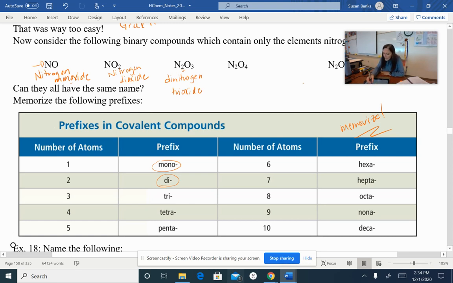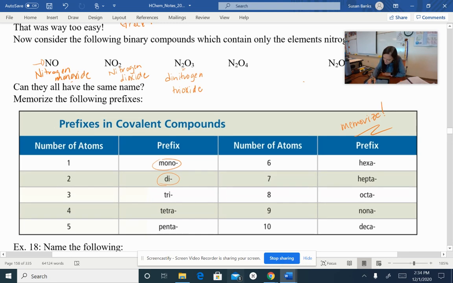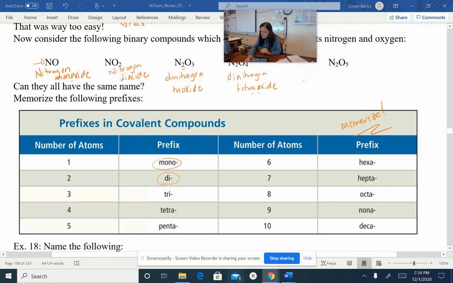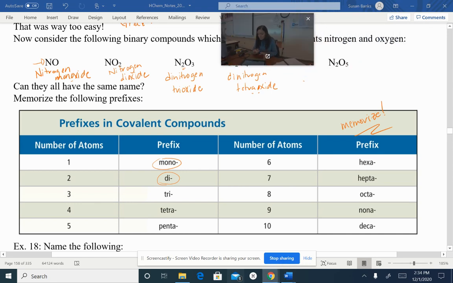Okay, and then this one would be dinitrogen tetraoxide. Now, when we have the A and the O, you can also drop that A. If you want to keep the A there and have tetraoxide or tetroxide, either way is correct, okay? So there is some wiggle room with how we do this.